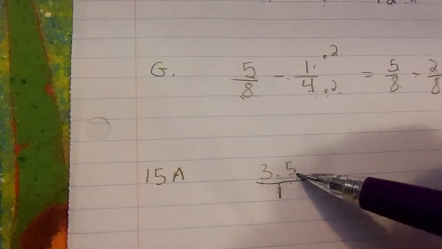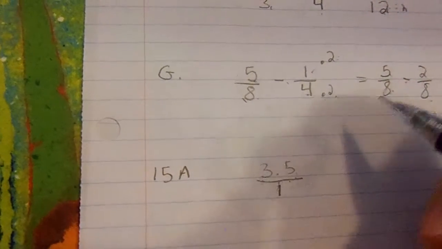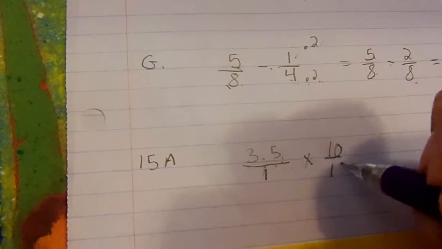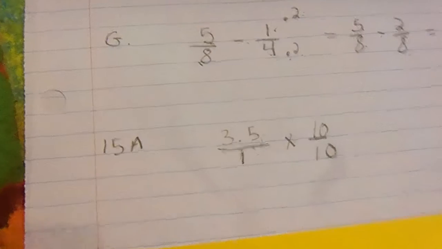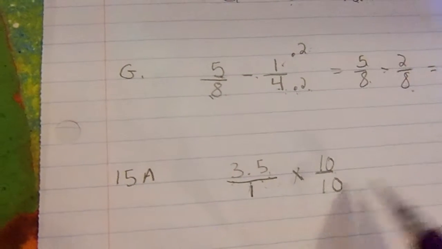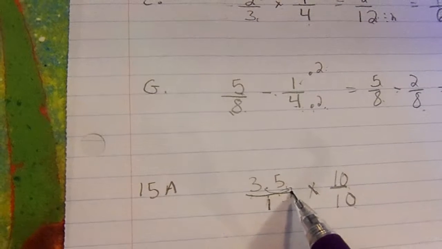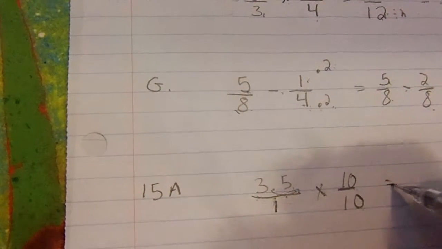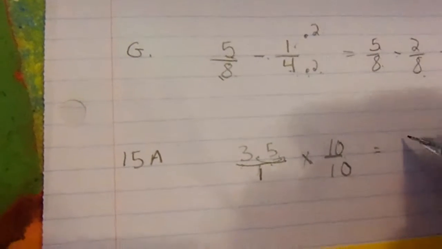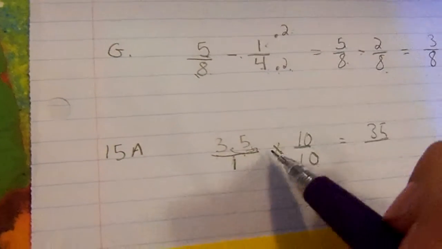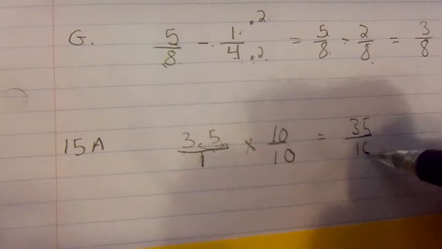This 5 is in the tenths place, so we can multiply this by 10 over 10. So essentially, by multiplying by 10 over 10, that's going to move this decimal place over. So 3.5 times 10 is 35, and 1 times 10 is 10.